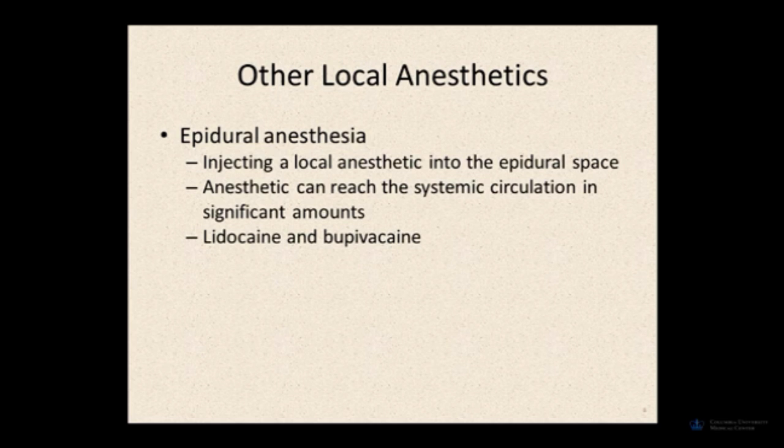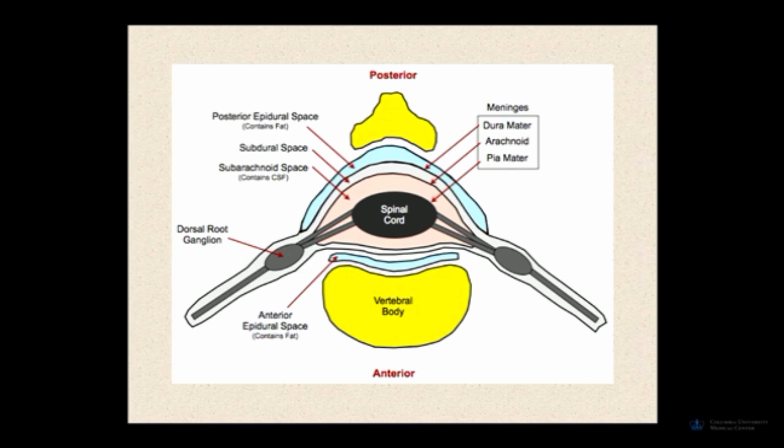So epidural anesthesia, you're injecting local anesthetic into the epidural space. It can reach systemic circulation, so that has to be considered. And it's usually lidocaine or another drug that's similar to lidocaine, but you don't have to worry too much about the details of that drug. So if you're looking at a cross-section of the spine, this is the back of you and this is the front of you.